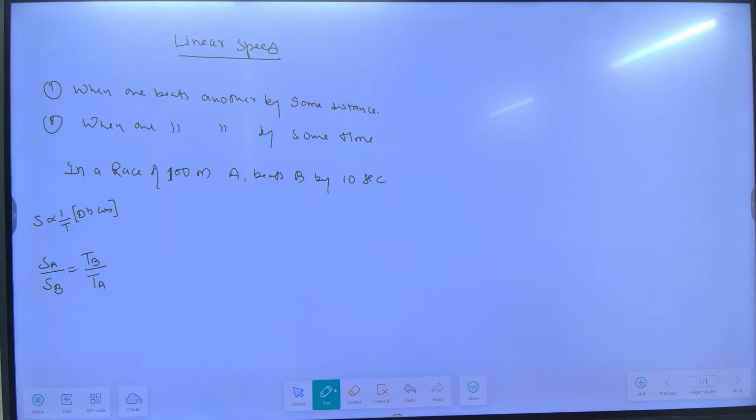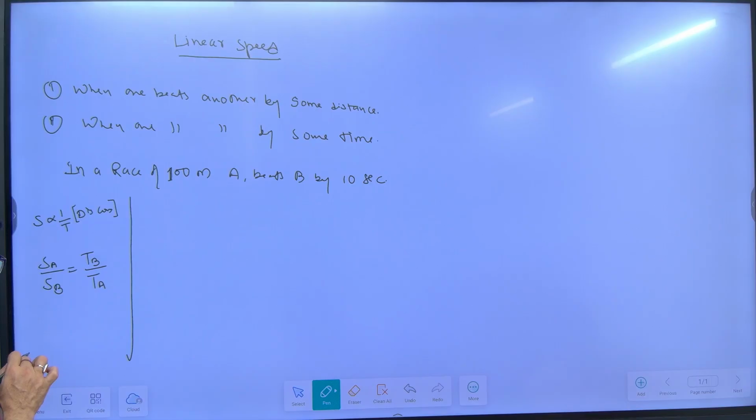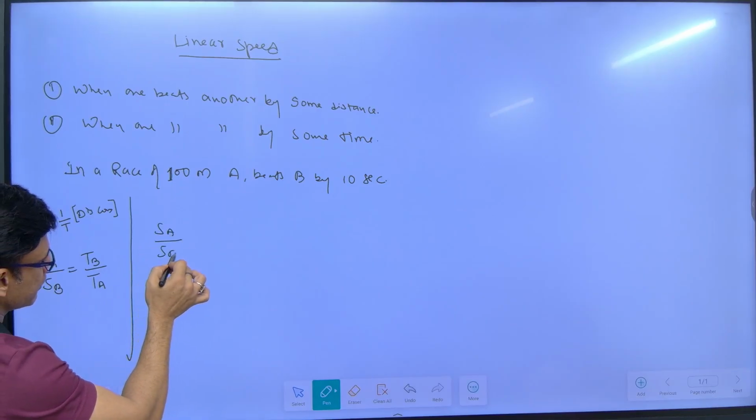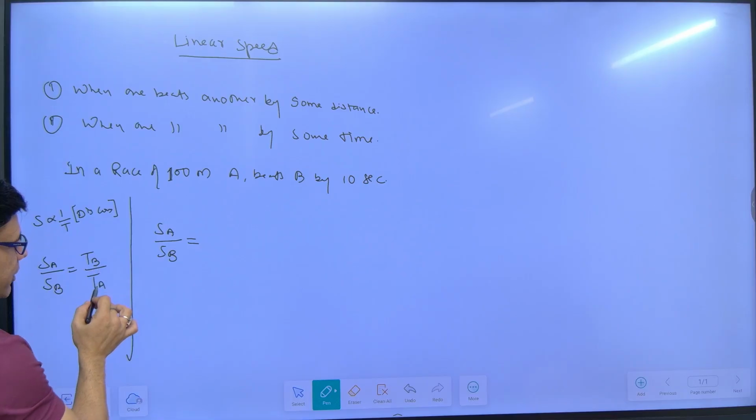So the ratio of speed is equal to what? The ratio of time taken. So from here we can find out the ratio of speed, because the ratio of time taken is known to us. Understood or not? Because they are covering the same 100 meters. So in this case, the ratio of speed will be time taken by B over time taken by A.